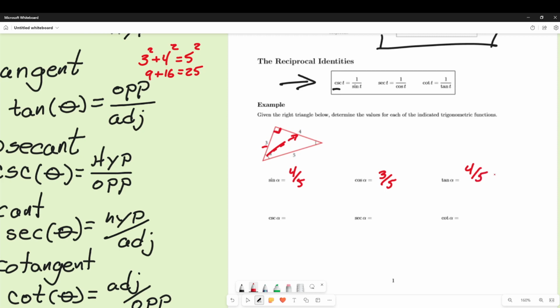And then the other three, we can get by our definitions, but they're also just the reciprocals. So the cosecant is the reciprocal of sine, so it's automatically the 5/4. Secant is the reciprocal of cosine, so it's automatically just the 5/3. And cotangent's the reciprocal of tangent, so 3/4.